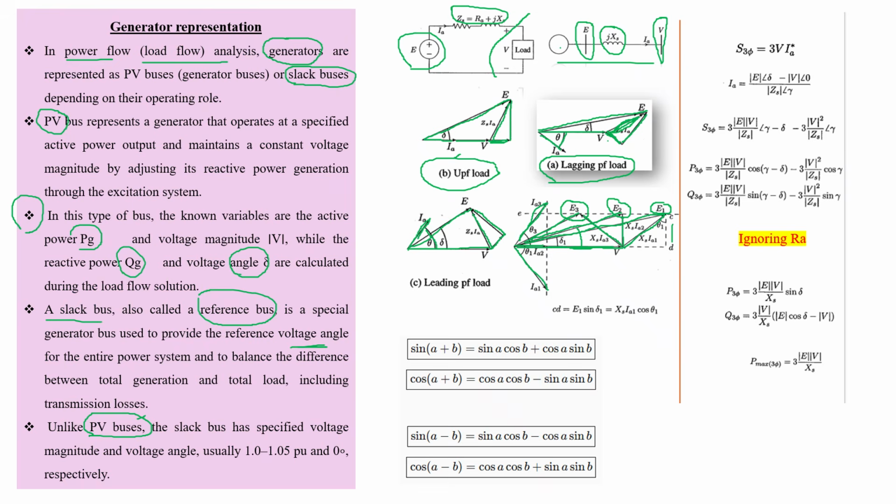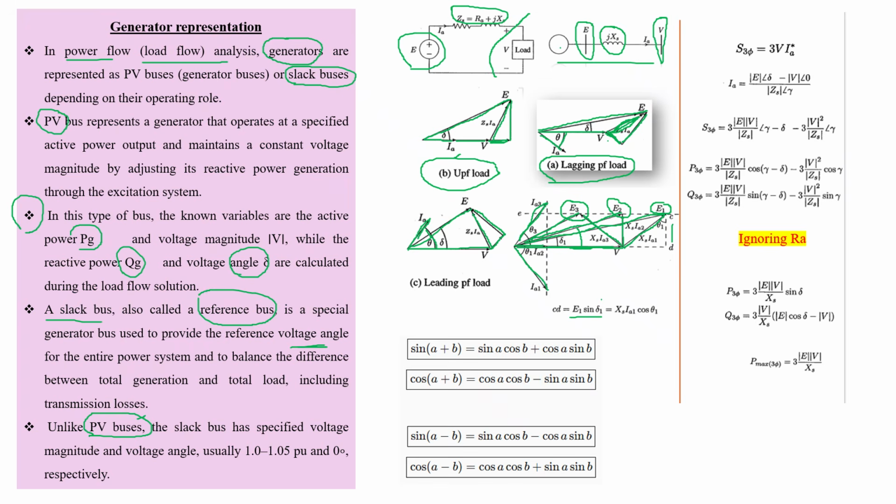By using the sine of this, we can get this opposite magnitude. So CD is equal to E1 sine of delta 1, where delta 1 is the voltage angle, not the power angle, between E1 and V1, and is equal to XS IA1 cos theta 1.